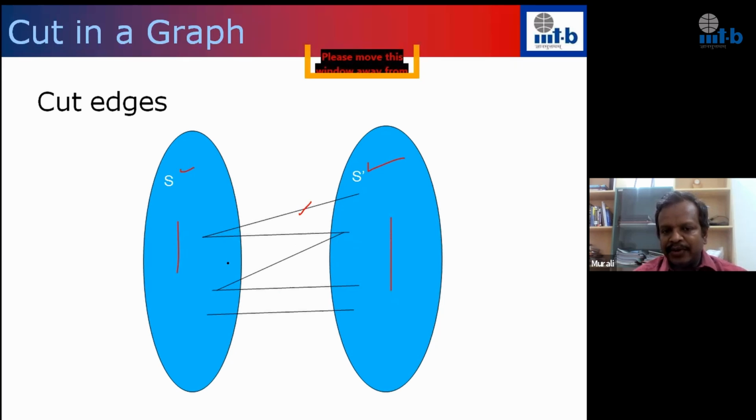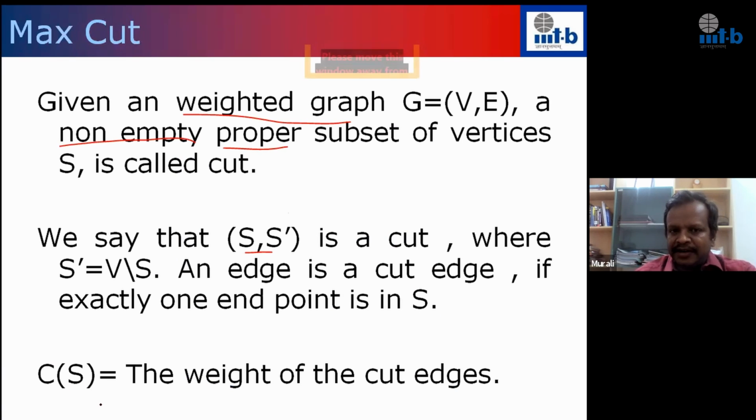We only care about cut edges, where exactly one endpoint is in S and the other endpoint is not in S. The weight of a cut is the sum of the weights of the cut edges. You look at all the edges going across the cut and find the sum of their weights. That is called the weight of the cut.